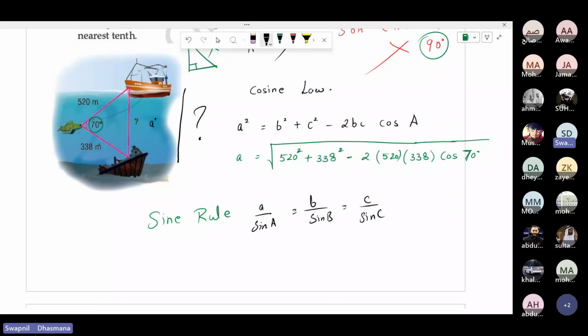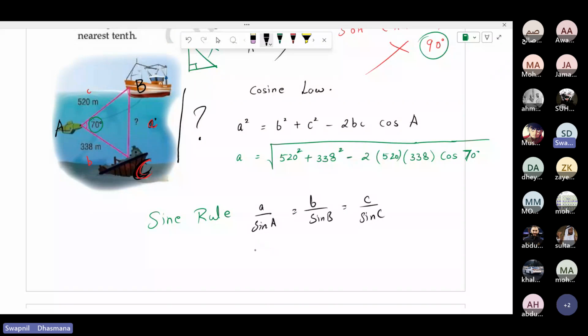For example, this is a, because this is small a, this is b and this is c.